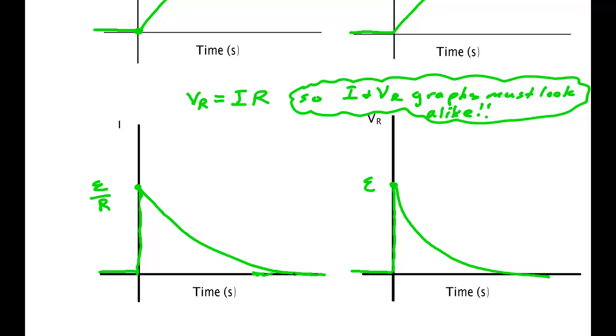It can't be a 1 over t graph, because at 0, it would go to infinity. It can't be a straight line. It would go below the axis. So, if you think about it a little bit, you probably figured out that this graph is an exponential. And it looks something like e to the minus t.